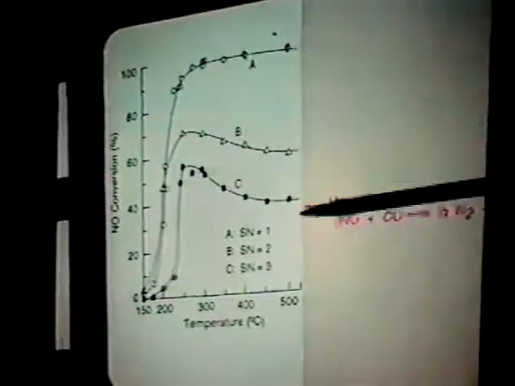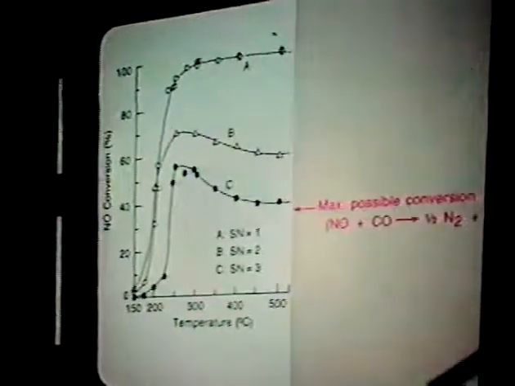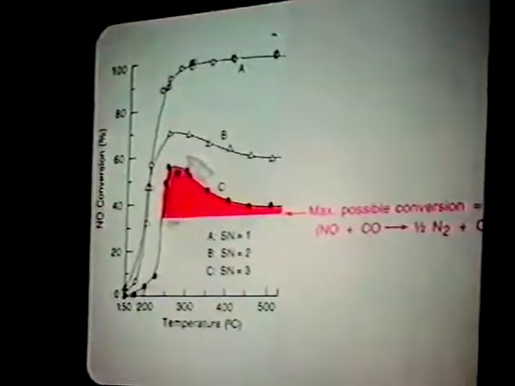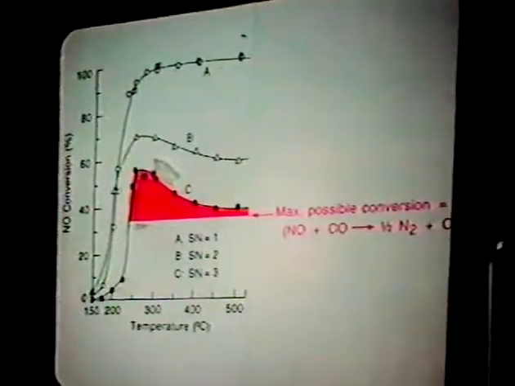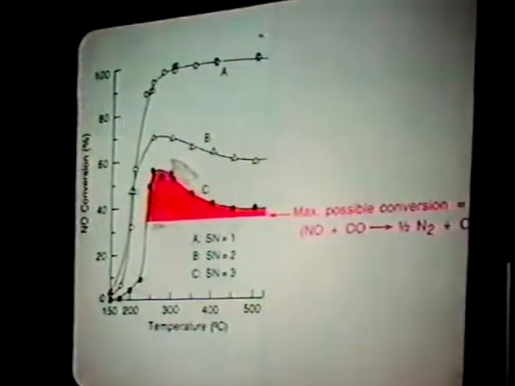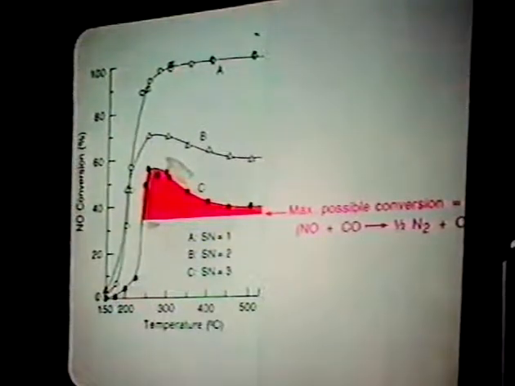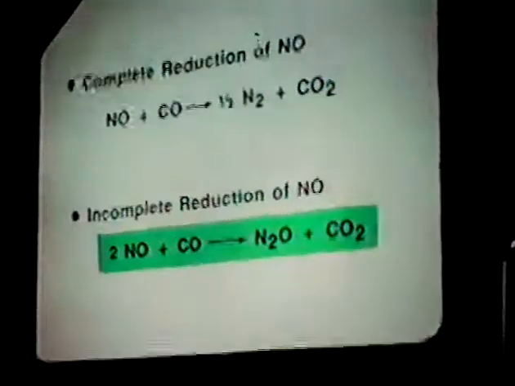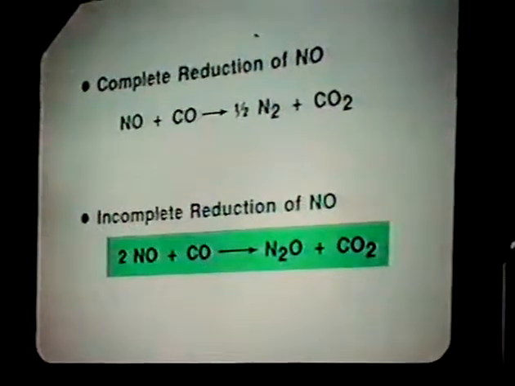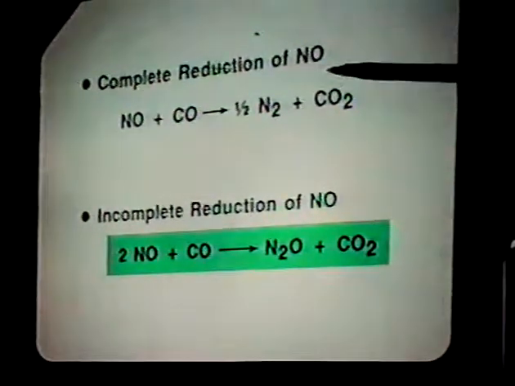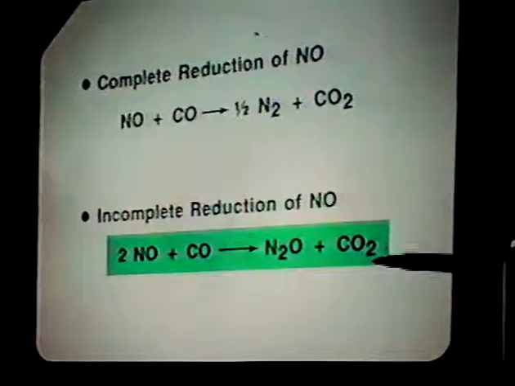To explain this extra conversion of nitric oxide beyond 33%, we have to invoke the incomplete reduction pathway, as I showed before, in addition to the complete reduction process. This pathway has been largely ignored.